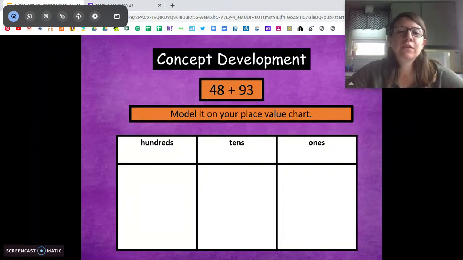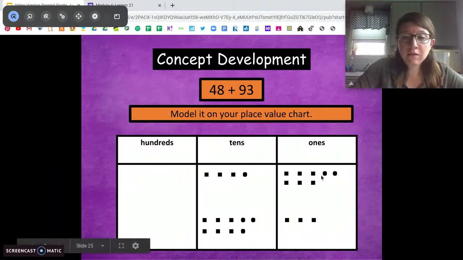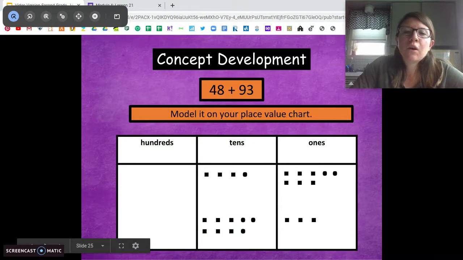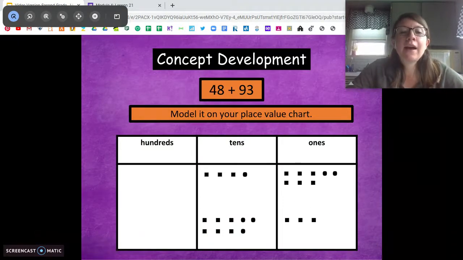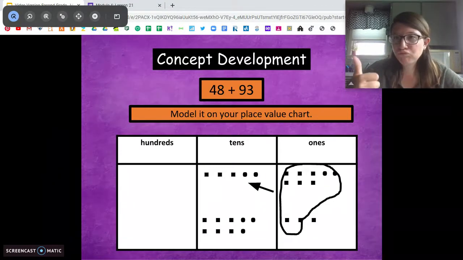All right, so your board should look like this. We got 48, 93. Remember when you're drawing your numbers to make sure you set them up in 5 groups so it's easy to see. So now let's work together to solve. If I'm looking at my ones, I see at least one group of 10. So I'm going to circle that group of 10 and I'm going to draw an arrow and move them over.